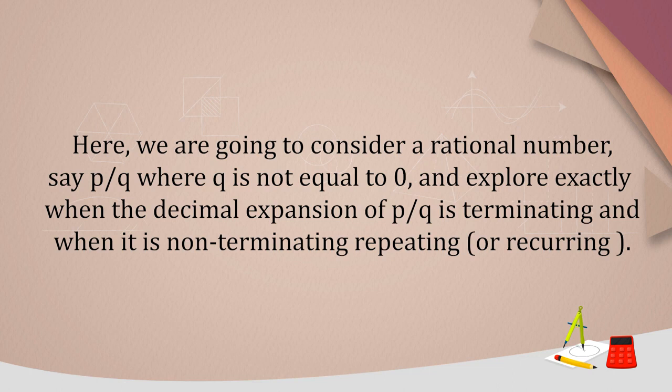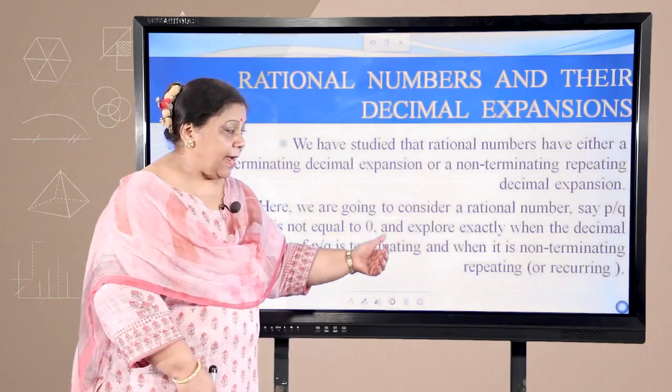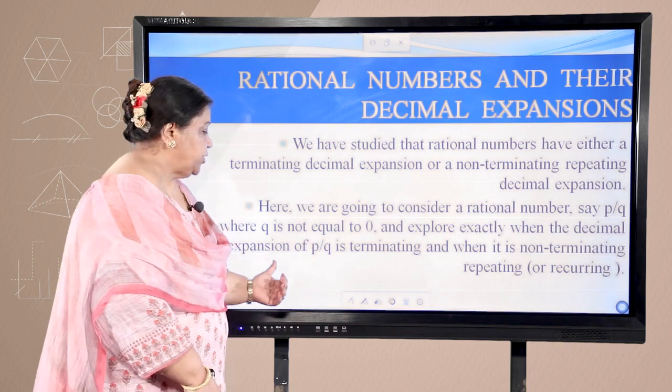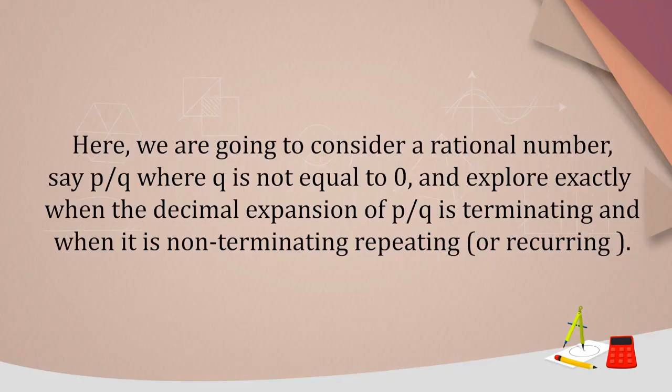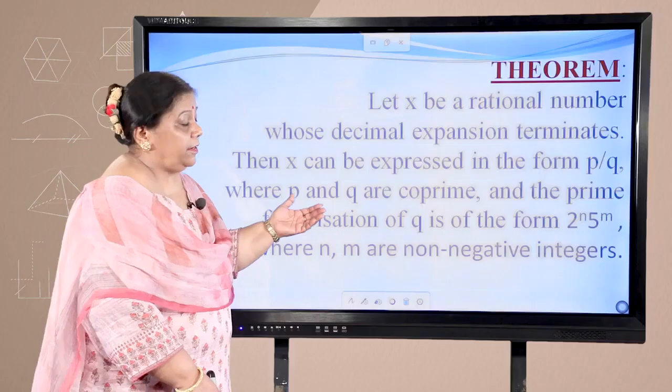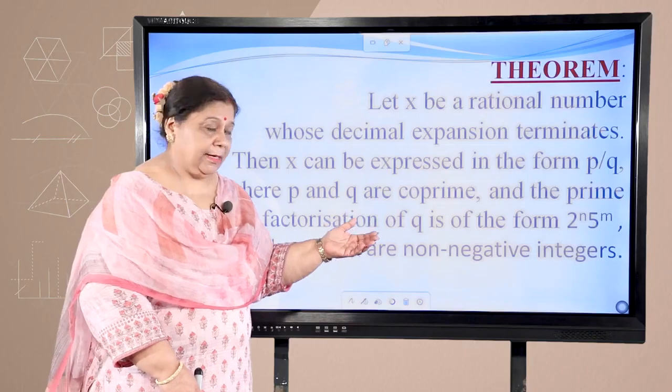Here we are going to consider a rational number, say p upon q, where q is not equal to 0, and explore exactly when the decimal expansion of p upon q is terminating and when it is non-terminating, repeating or recurring. Here, let us look into this theorem.